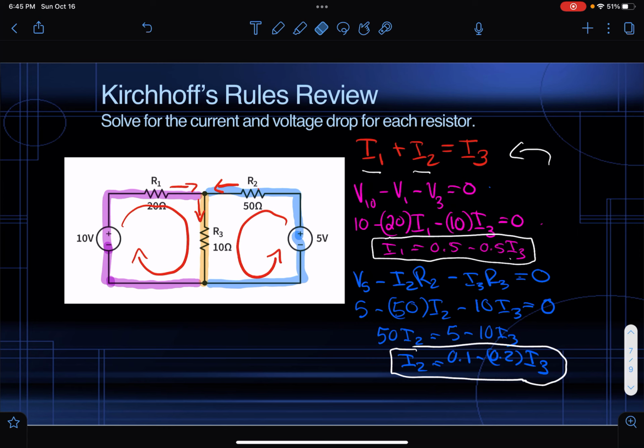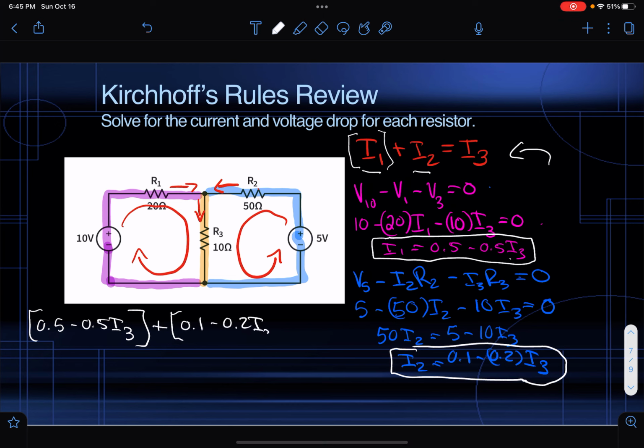So my I1 is 0.5 minus 0.5 I3. I'm just using these brackets to show you that that's what this is. And I'm going to add I2, which is 0.1 minus 0.2 I3.